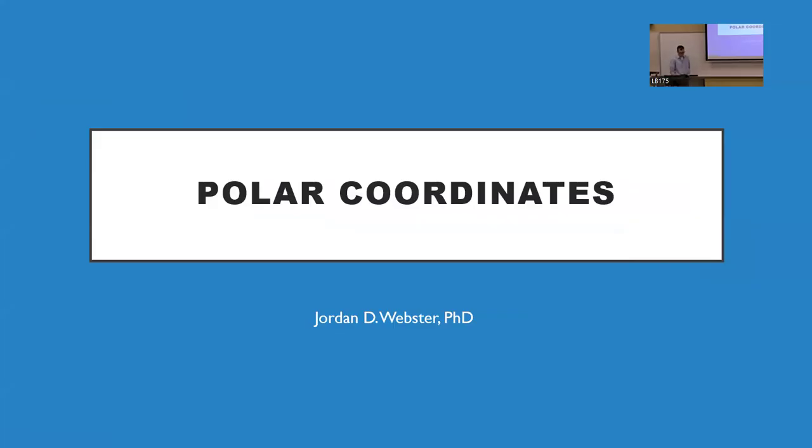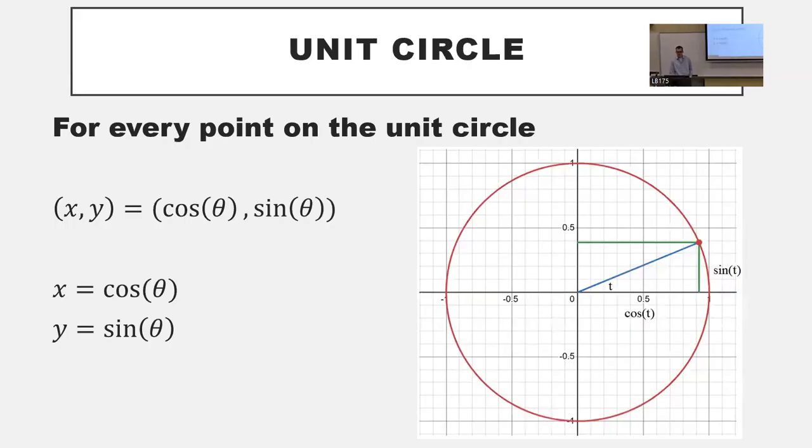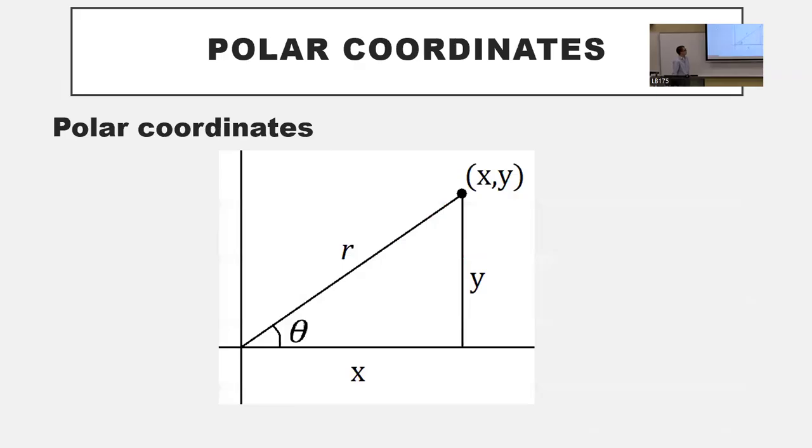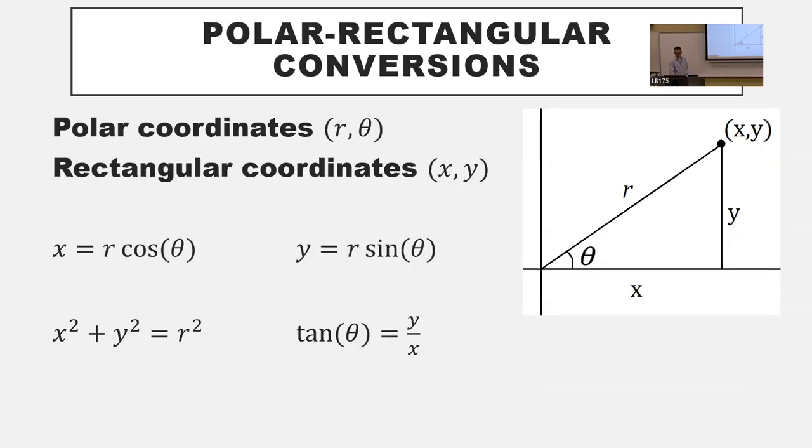So in any case, last time we were talking about polar coordinates, and basically we're using r and theta rather than x and y to get points on the Cartesian coordinate plane. And we can graph in polar.